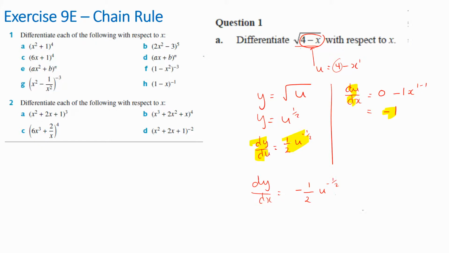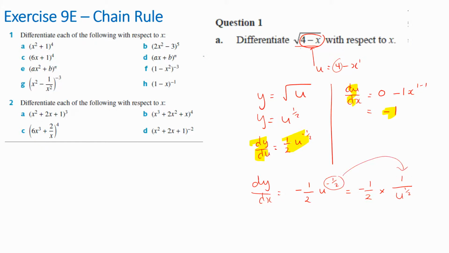But you can't leave your answer with a u. And negative half, remember, is the same thing as writing negative 1 on 2 times, instead of having a negative power, you can write it as 1 over u to the power of half being positive. You see the difference? That was negative, and I didn't want a negative.